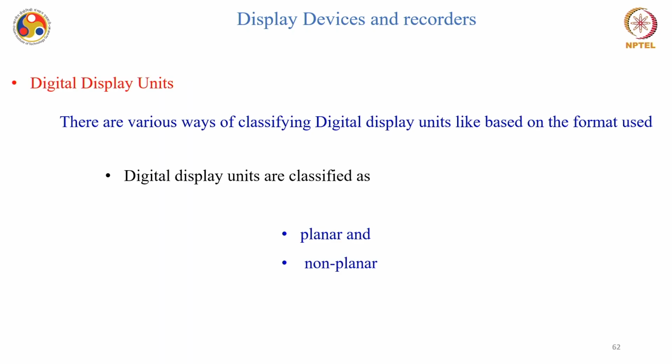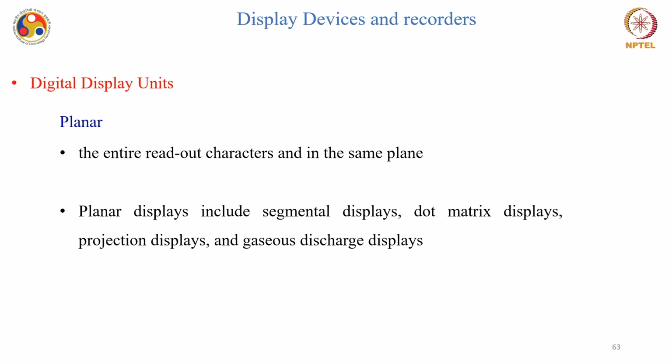There are various ways of classifying digital display units, like based on the format they use. For example, they can be classified as planar and non-planar digital display units. The planar digital display unit will have the entire readout character in the same plane.